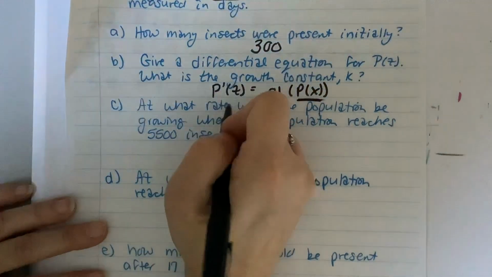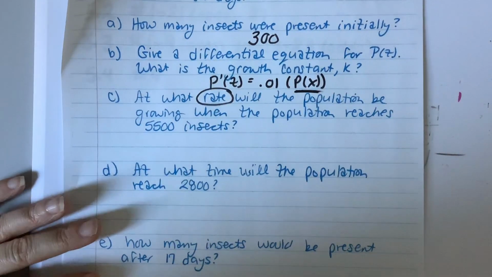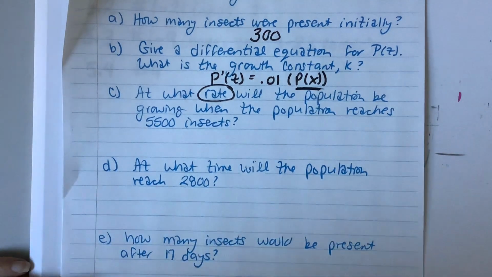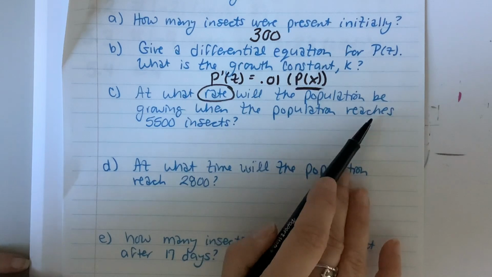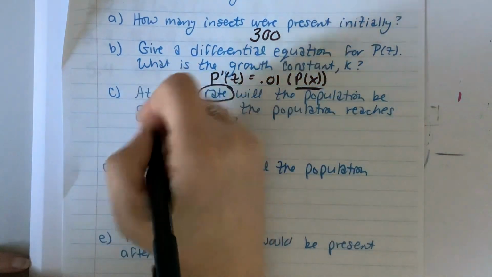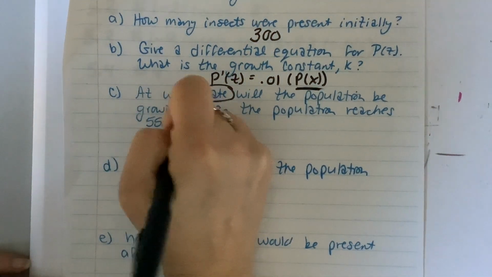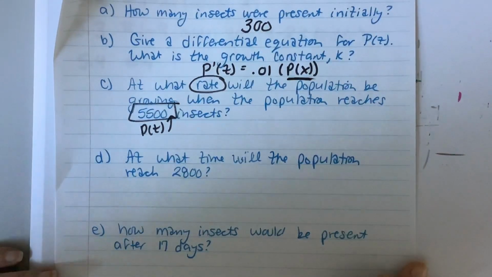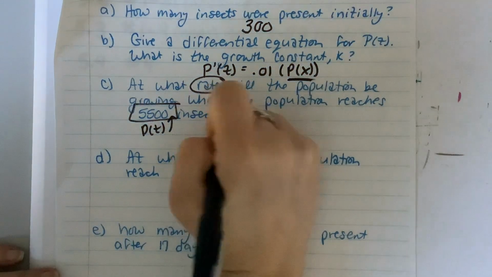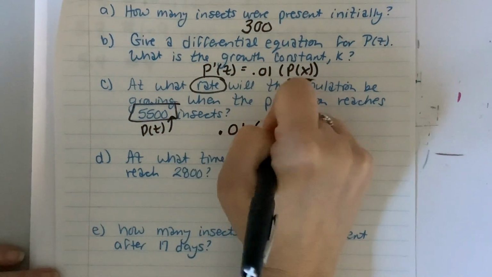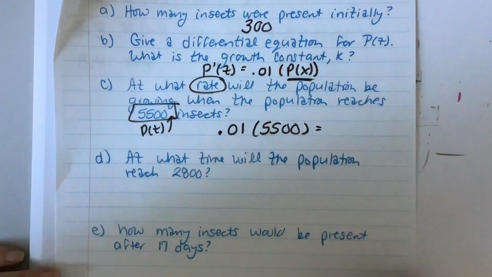At what rate? Okay, we're looking at that derivative formula. At what rate will the population be growing when the population reaches 5,500? That means that we currently have 5,500 insects. If you want to know the rate that they're growing, you take 0.01 times 5,500.